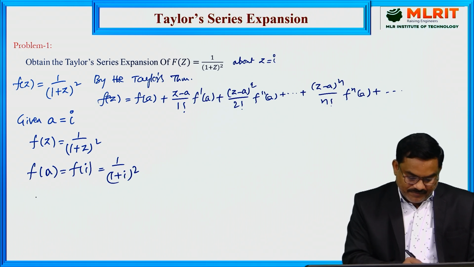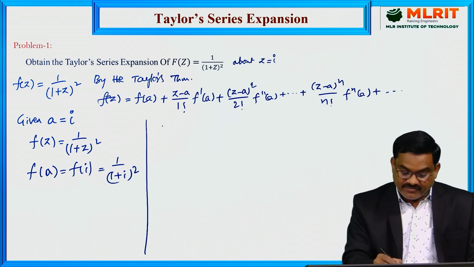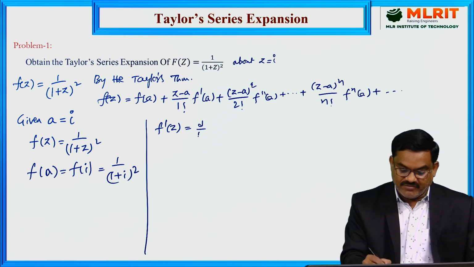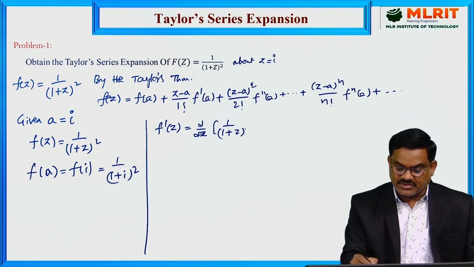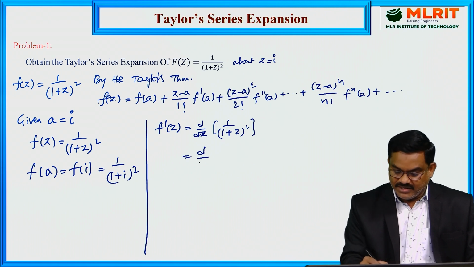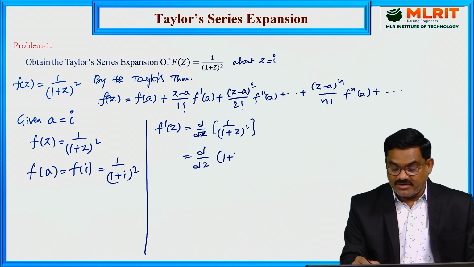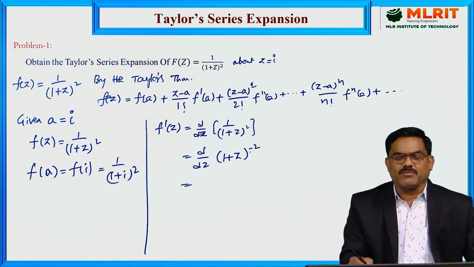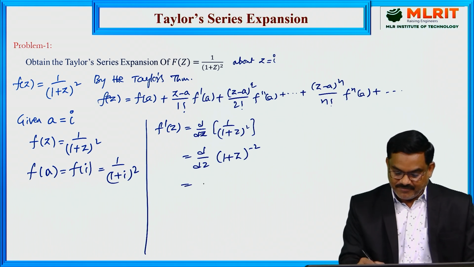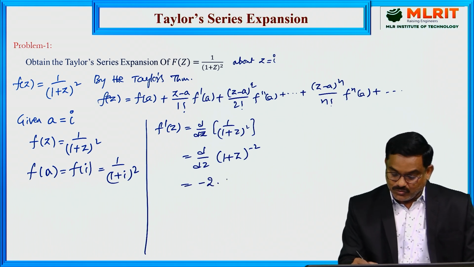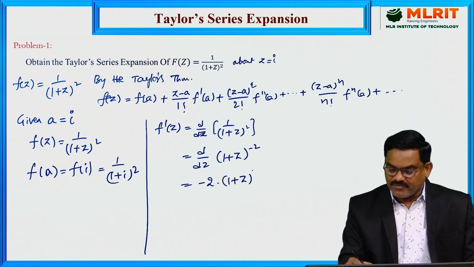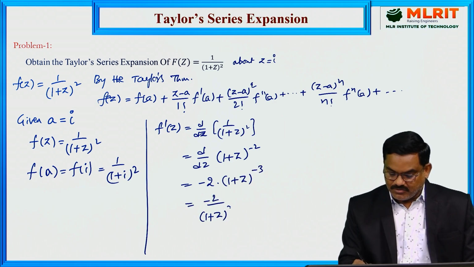And then let us find the successive derivatives. f dash z is d by dz of 1 by 1 plus z whole square, so d by dz of 1 plus z whole power minus 2. Using the formula for the derivative of z power n, this is equal to minus 2 into 1 plus z power minus 3, so minus 2 by 1 plus z whole cube.